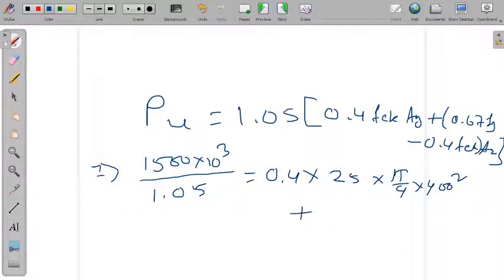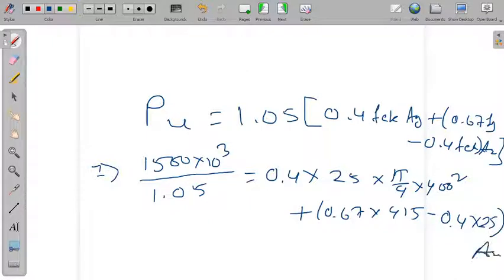Plus 0.67 Fy, Fy is given 415, right? Not plus, minus 0.4 into 25 into ASC.